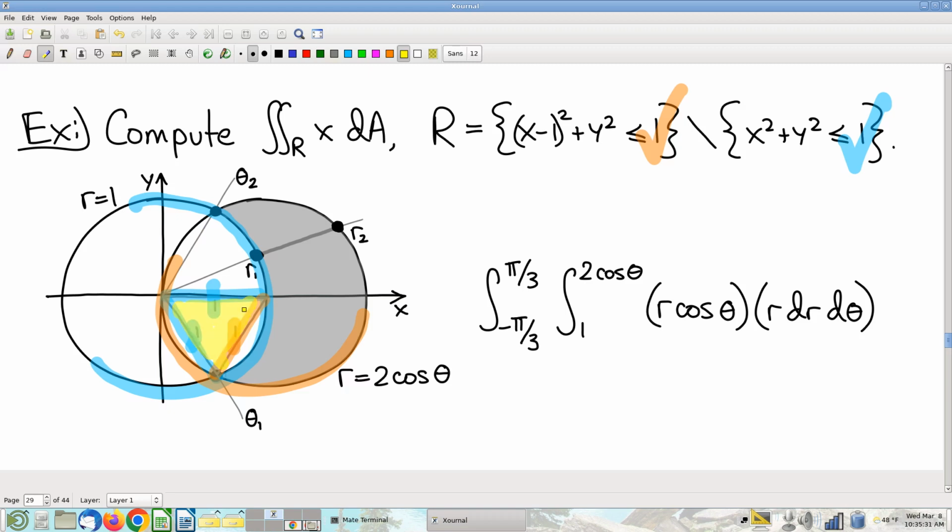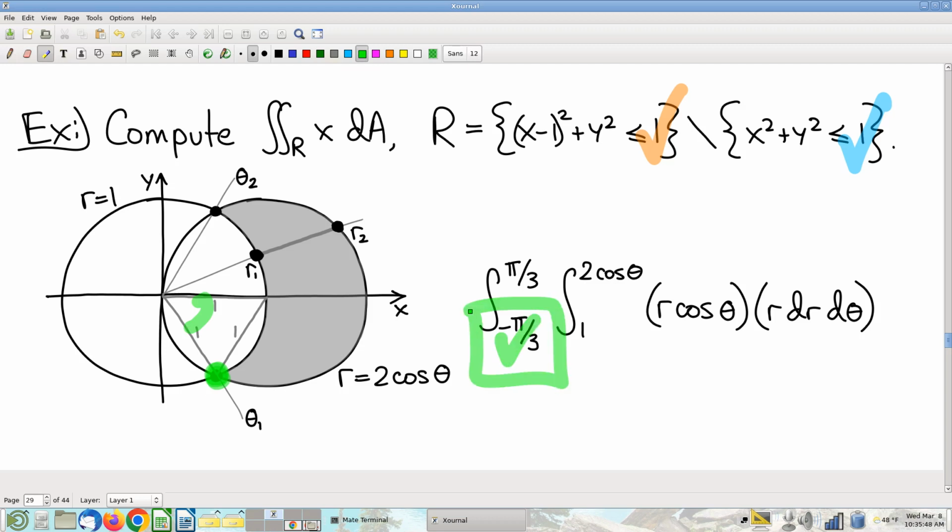Equilateral triangle, high school geometry, angles are instantly known. And so I can immediately infer that this starting angle, keep in mind we're talking about this point right here, its value of theta, I can just see right here in the picture, negative pi over 3. Everybody see how we work that out from geometry?